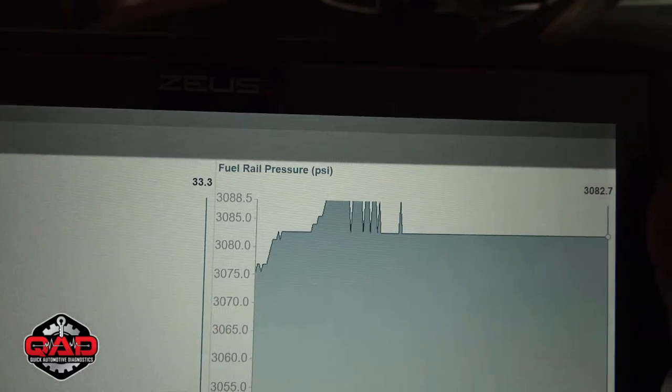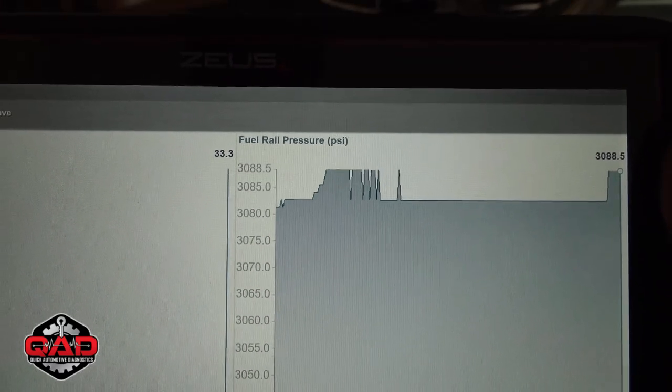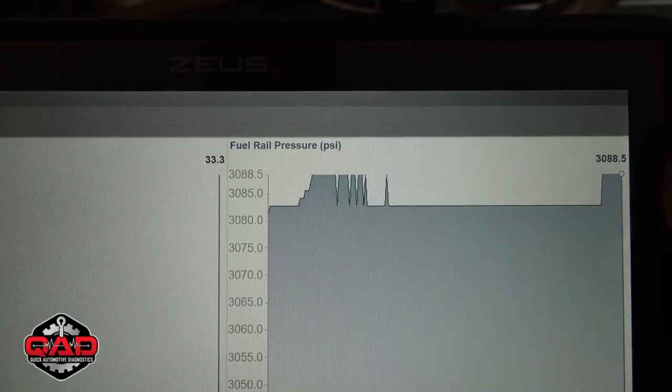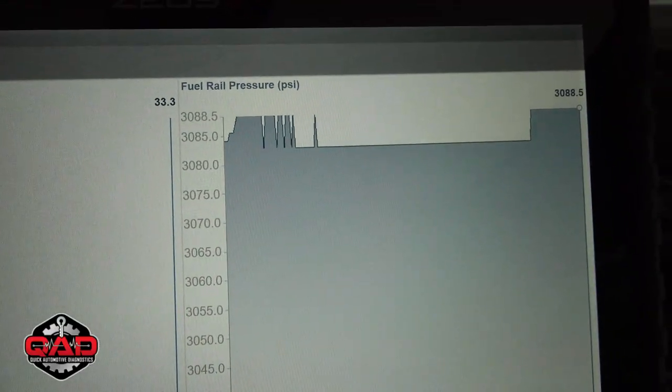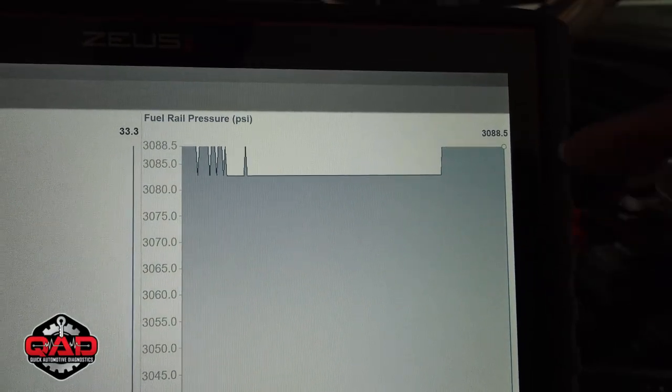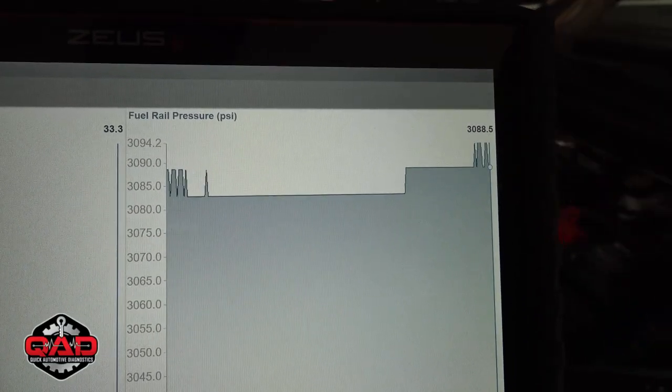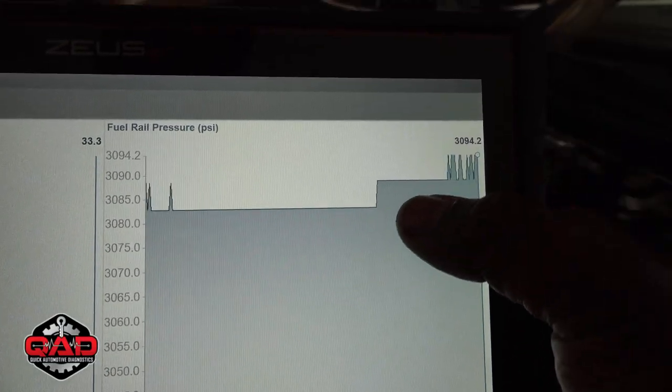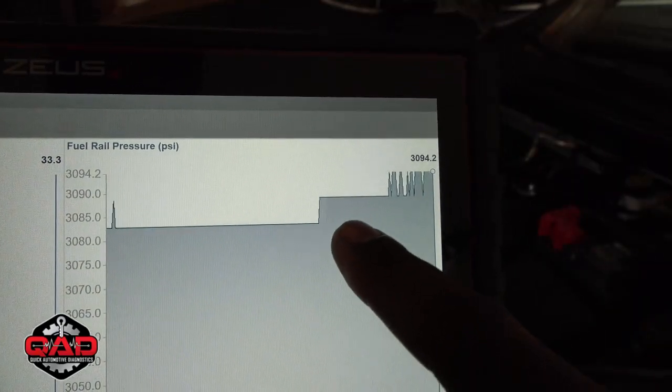And so that is the pressure being read from the pressure sensor. And now this is what the computer can see, that the rail is still maintaining the pressure. As a matter of fact, you see the pressure is increasing.